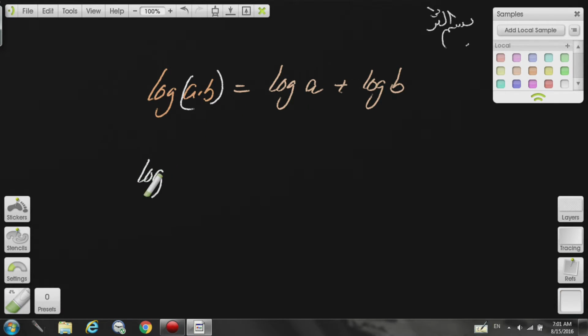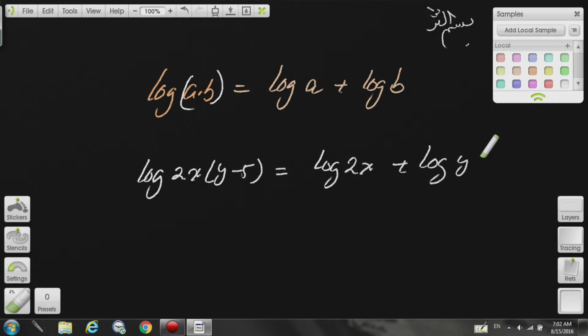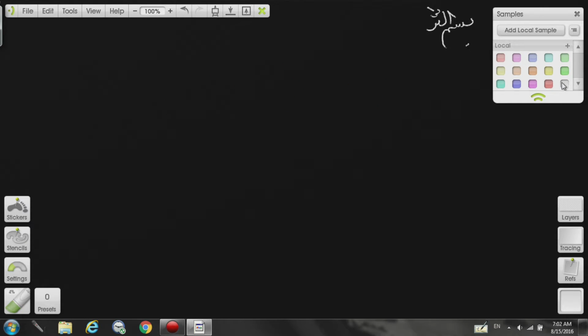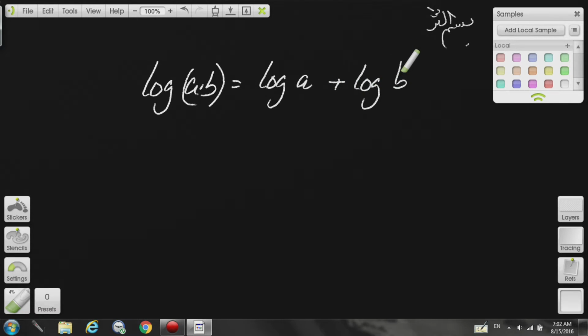For example, if I have log of 2x times y minus 5, I can change this to log of 2x plus log of y minus 5. Okay, that's the first rule. Let me rewrite that: log of a times b equals log of a plus log of b.